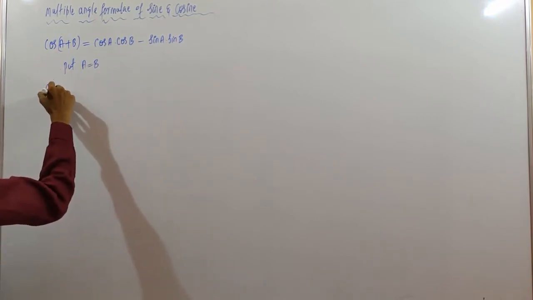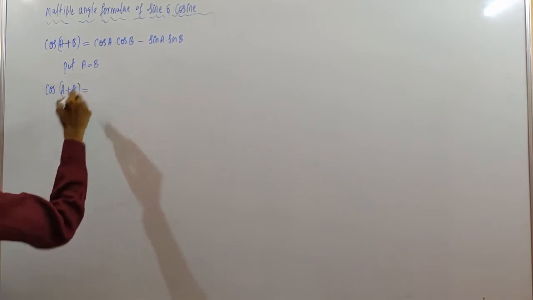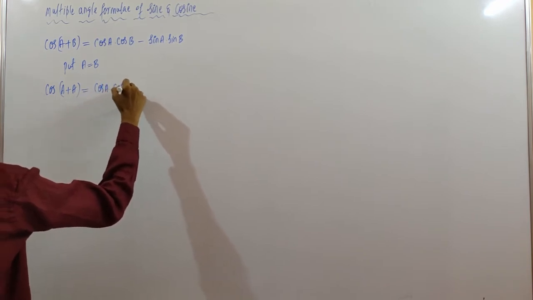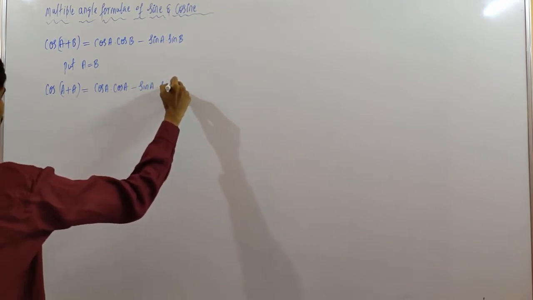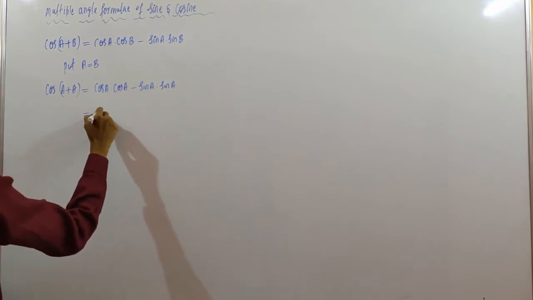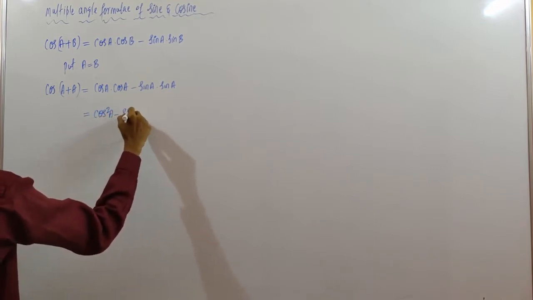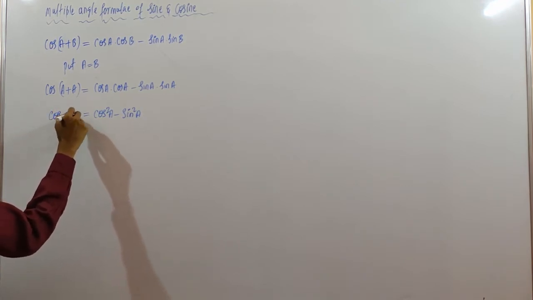If we put B equal to A, it will become cos(A+A) is equal to cos A cos A minus sin A sin A, and sin B will become sin A. This will become cos square A minus sin square A. Here we have cos 2A.